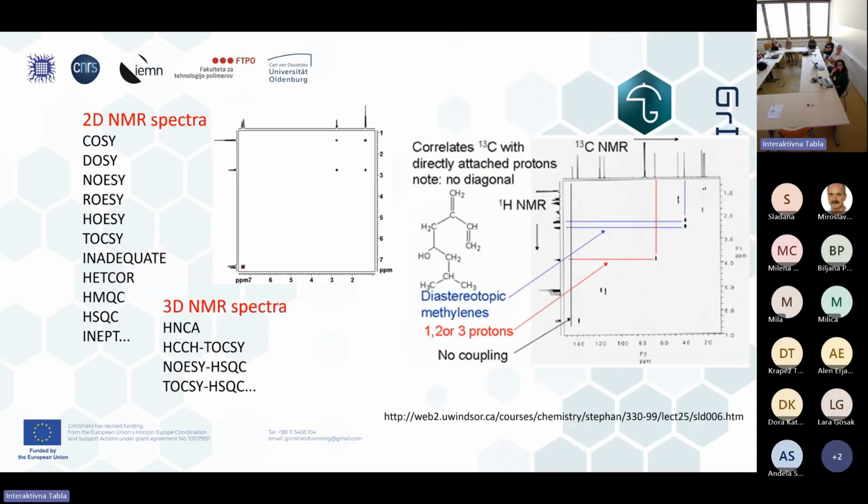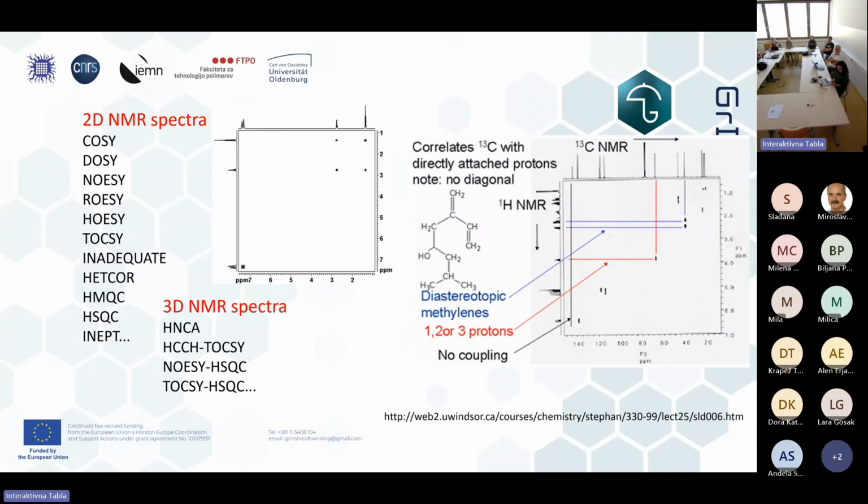There are plenty of two-dimensional spectra. There are various techniques which sometimes also give the same result, or at least for someone like me who just uses this as a tool, the results are the same. So we have two-dimensional proton-proton spectra, where we see which proton is correlated to which proton, and also two-dimensional carbon-proton spectra.